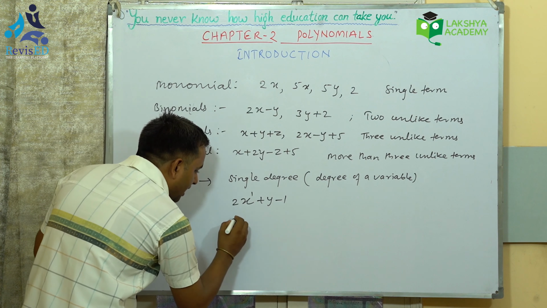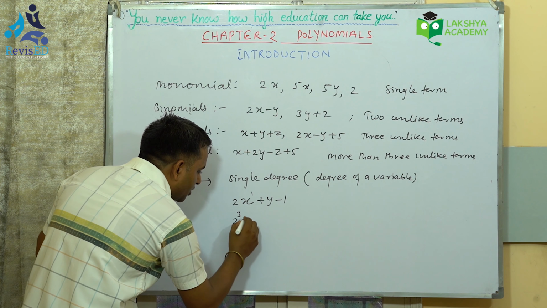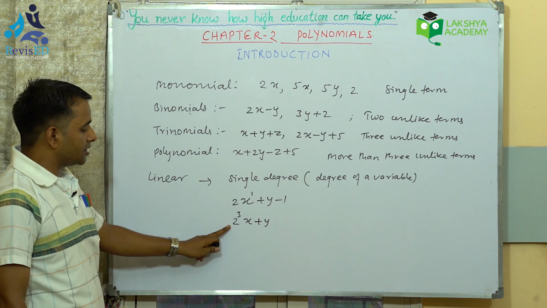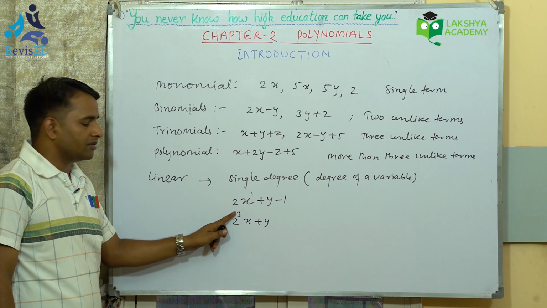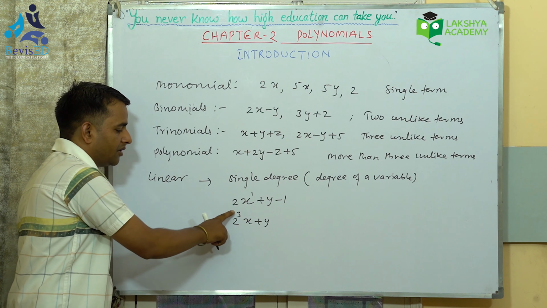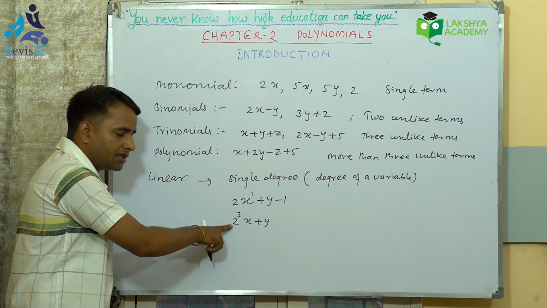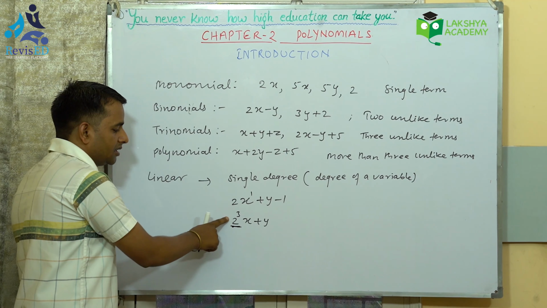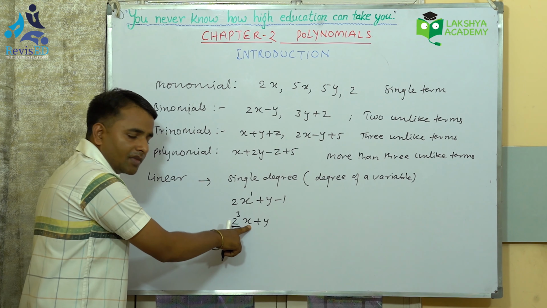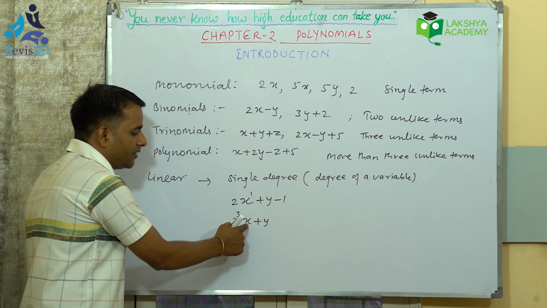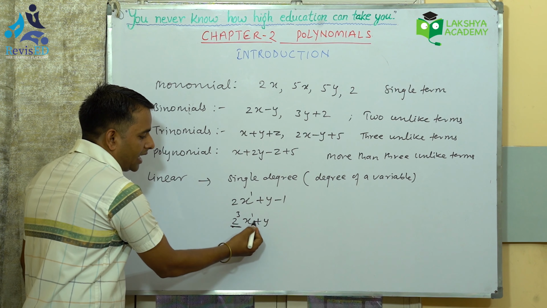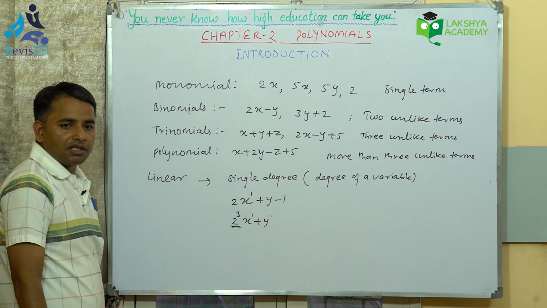Say if I write it like this, 2 cube x plus y. Now we cannot say that it is a 3 degree, because 3 is the power of constant, 2 is the constant. So we will never take this. We will take only the power of a variable only. So here the variable is x or y, the power of the variable x or y, it is 1 only.